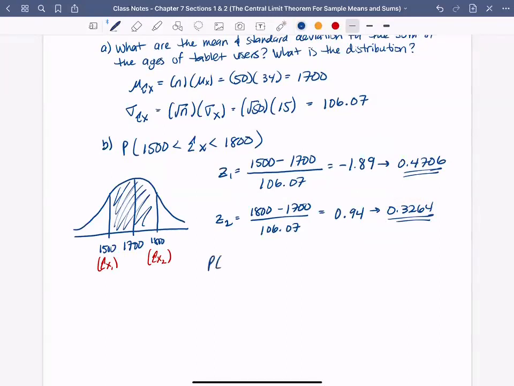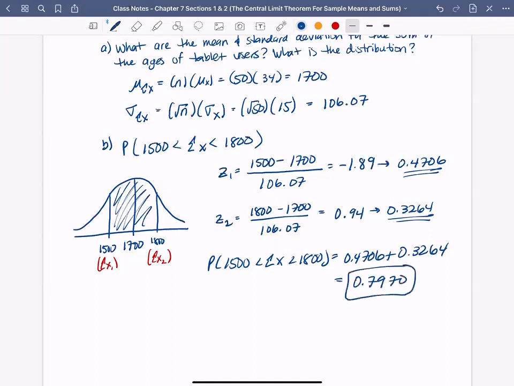So the probability of the value falling between 1500 and 1800 is 0.4706 plus 0.3264, which is 0.7970. So this is where we have the probability between those two values. It is 0.7970, or a 79.7% chance that it's going to be in between those two.